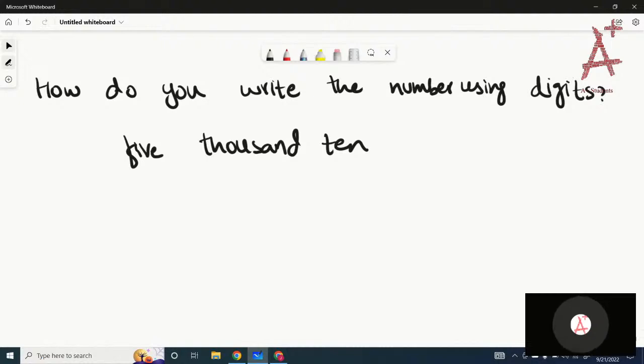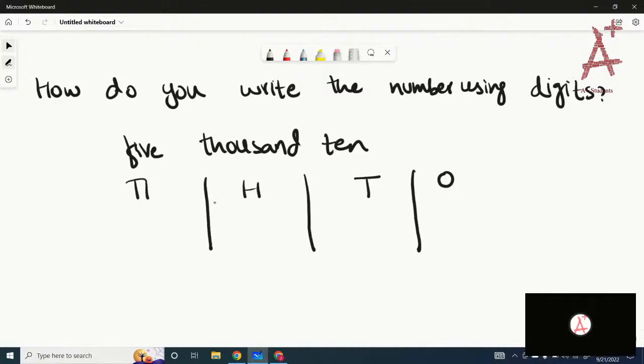So you are given words, and you have to write the number in digits. We use a place value chart with ones, tens, hundreds, and thousands. The digit at the thousands place is 5, so you have 5000, and you just have a 10. You don't have any digit at the hundreds place, so write a 0 over here, and then you have the tens and ones, which are 1 and 0. So you can write five thousand ten as 5010.